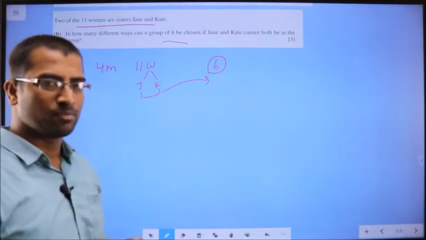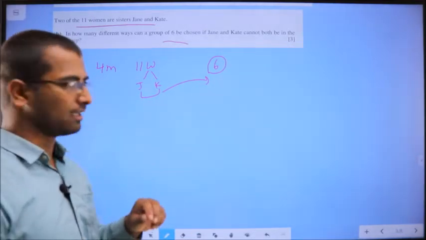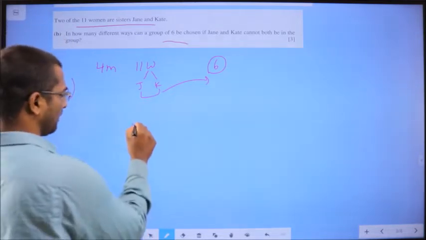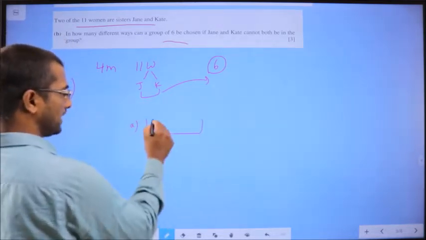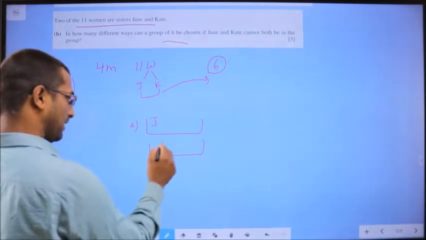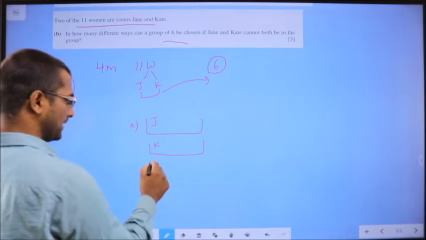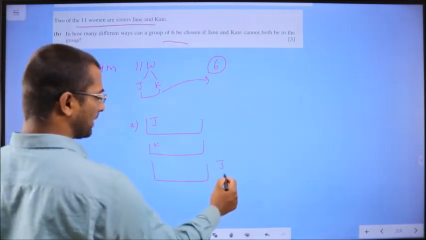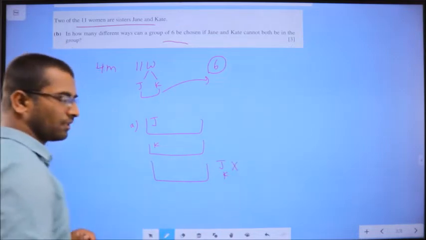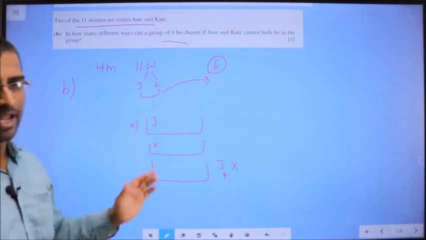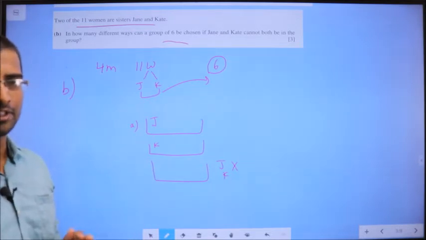That means one of them can be present. So I get possibilities when only Jane is present in my selection, or only Kate is present, or neither Jane nor Kate is present. Clear? Write for each and add. That will give you the answer.